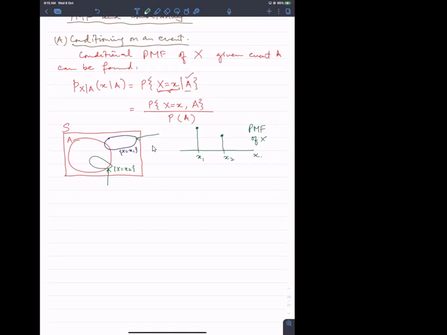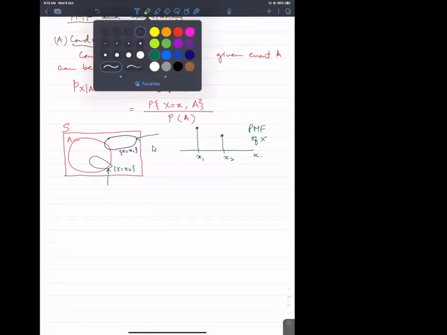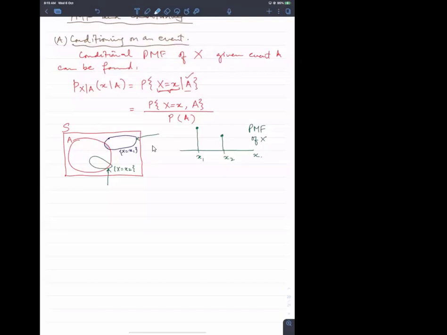But given A, we notice that okay, this intersection area here and this intersection area here. So now you can see, okay, relatively speaking, X will likely take the value x2 if event A is given. So if I draw this here, the PMF of X given A, so this is P of x given A, small x given A. So on this side we have x.